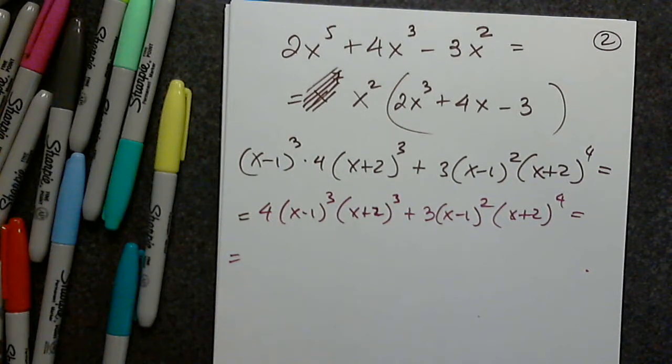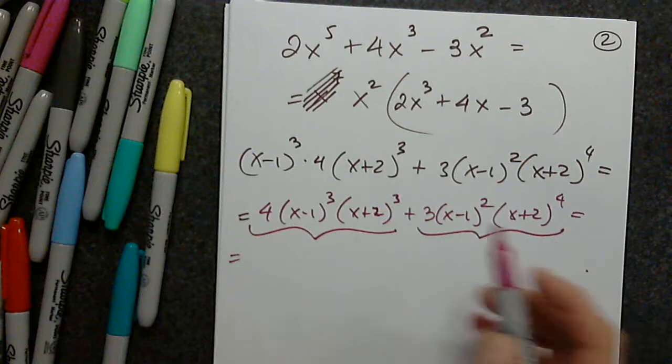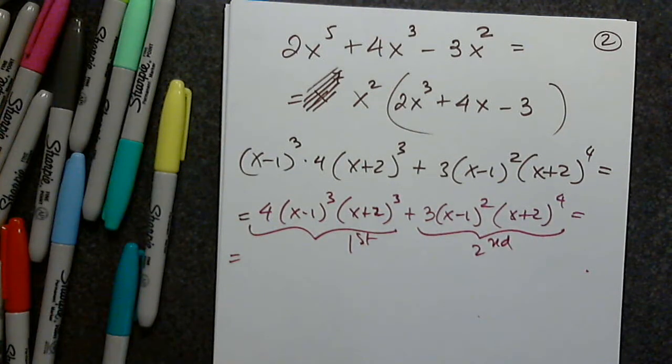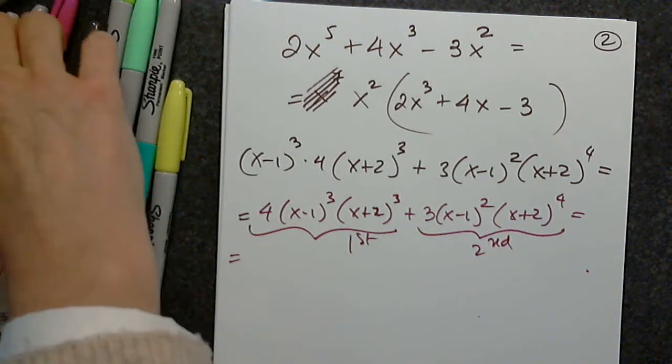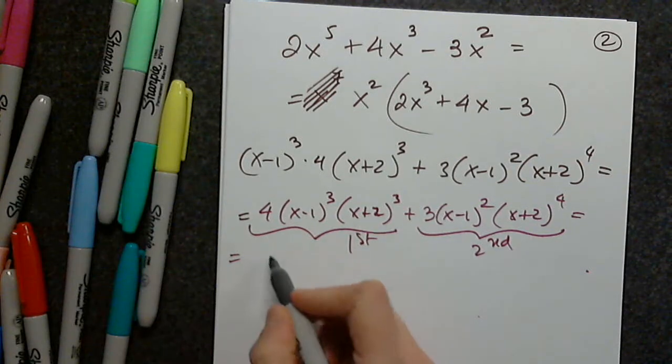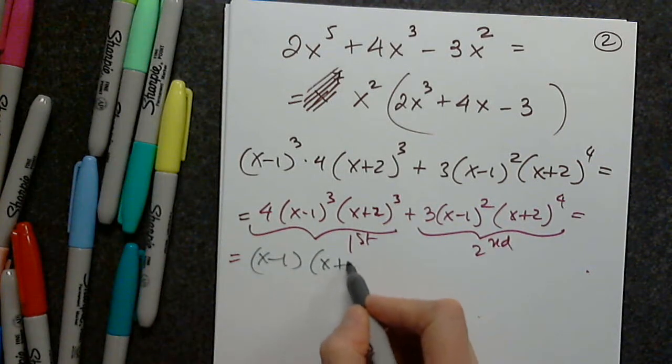Therefore, our problem has exactly 2 terms. This is the first term and this is the second term. My next question now: do these 2 terms have anything in common? And the answer is yes. What do they have in common? Yes, indeed. They have x minus 1 and they have x plus 2.